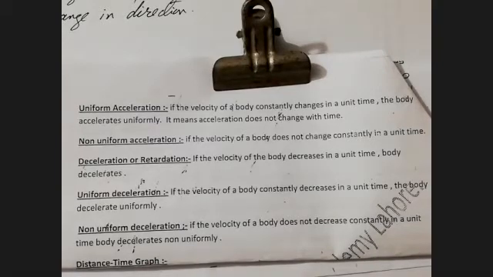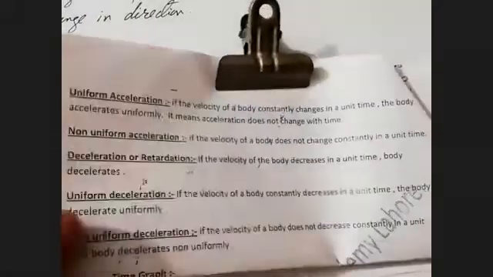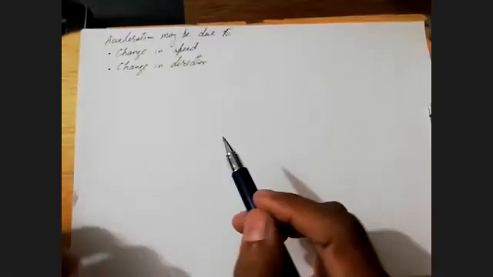Concentrate on my words: if the velocity is changing uniformly in equal intervals of time, or you can say equal changes in velocity are occurring in equal intervals of time, then the acceleration will be uniform.